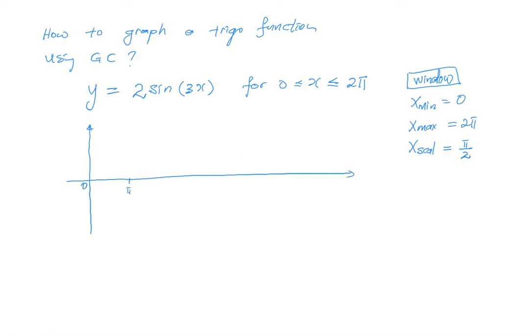I have pi by 2 here. The next point will be pi, 3 pi by 2, because my scale is pi by 2. Then 2 pi.